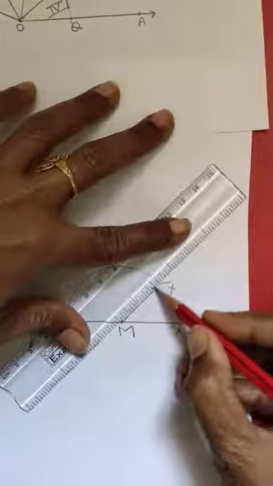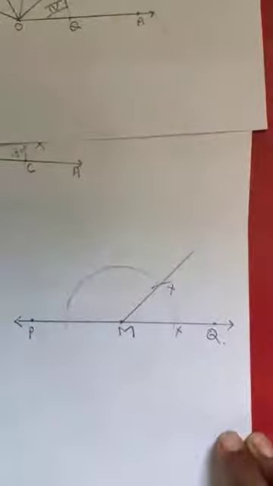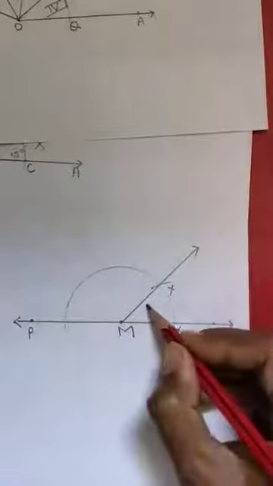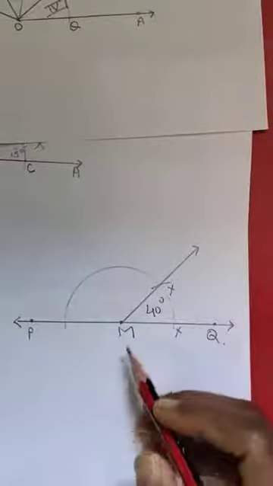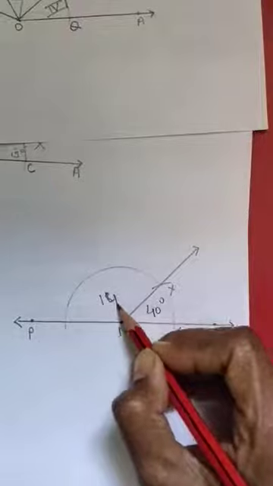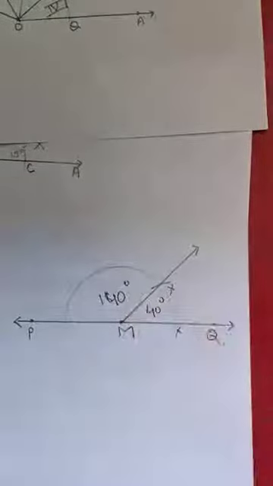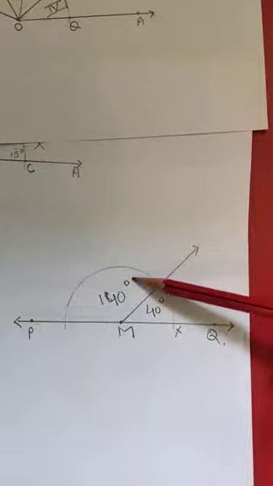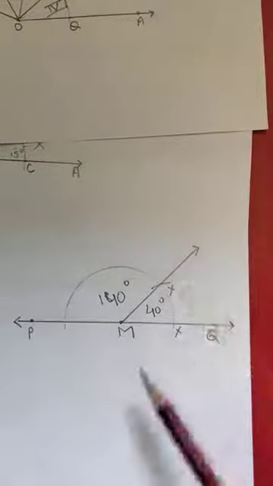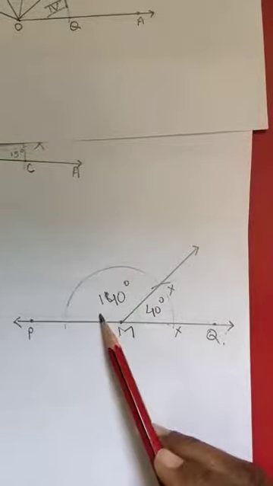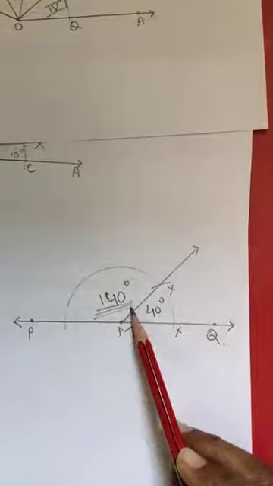This we have drawn the copy of angle AOB. If this is 40 degree, the leftover angle is of 140 degree. And we have to make the copy of the supplementary angle. Okay, so 40 degree angle and this is 140 degree angle and this we have to make.